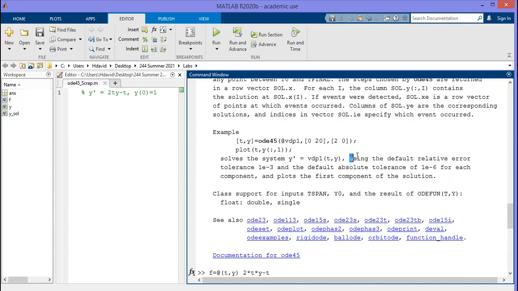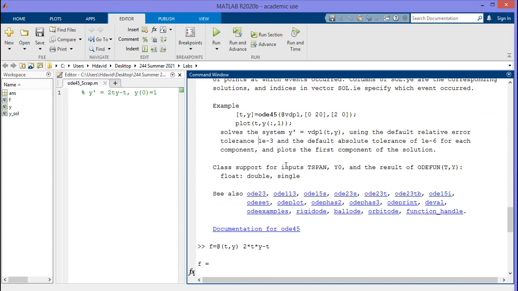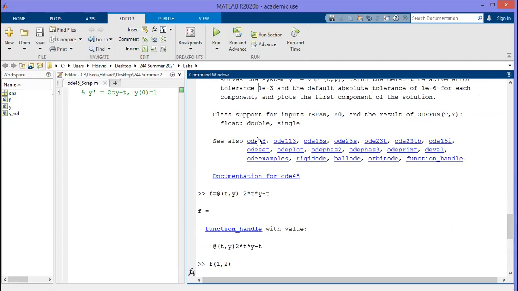Using a default relative error of 10 to the negative 3, and an absolute default tolerance of 10 to the negative 6. So basically, these are sorts of errors that it's going to allow. And if you use options, you can actually change these errors, make them better, make them worse, things like that. And here are a bunch of other ODE methods.